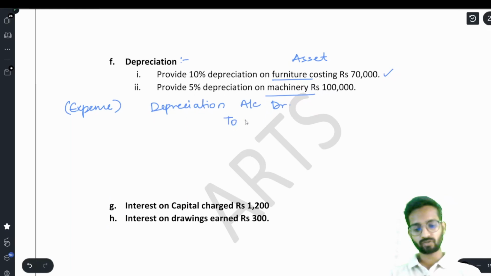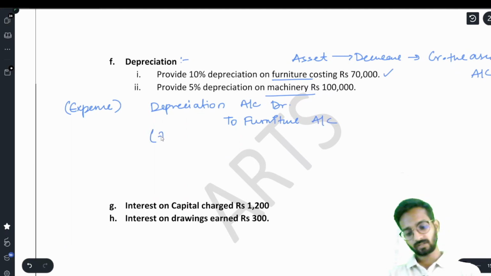If the value is falling, so to furniture account. We know whenever an asset decreases, we credit the asset account. So depreciation account debit to furniture account. How much? 70,000 rupees into 10%, that is 7,000.